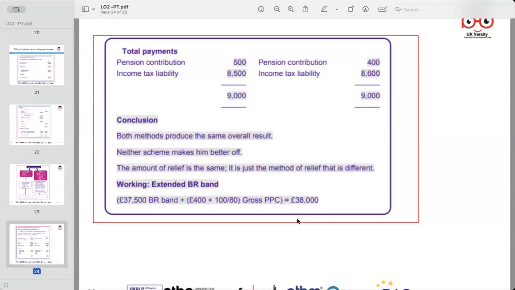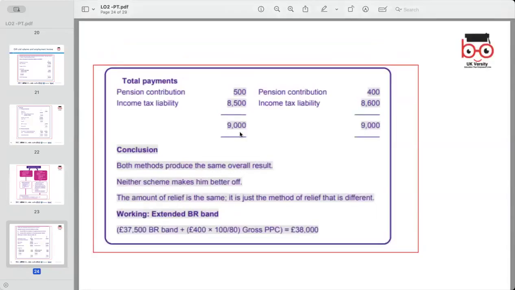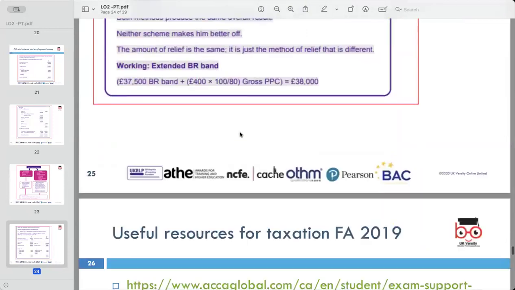In this scenario, we are comparing two methods of pension contribution and income tax liability.